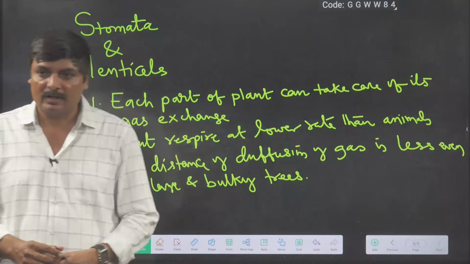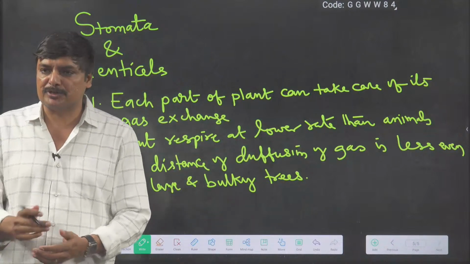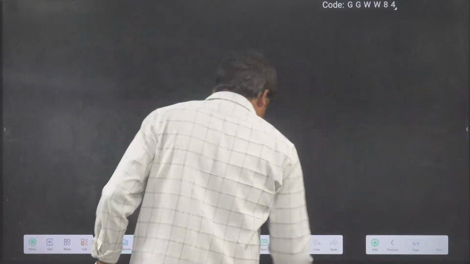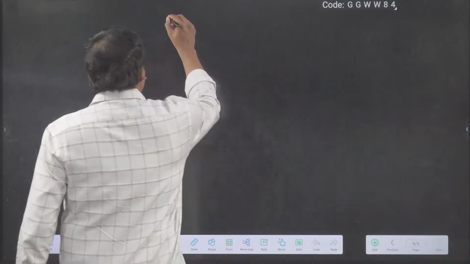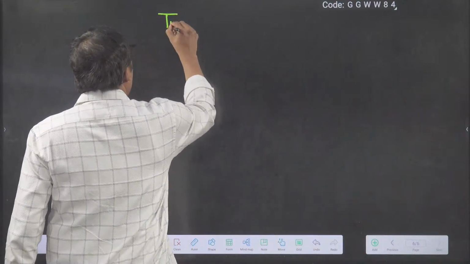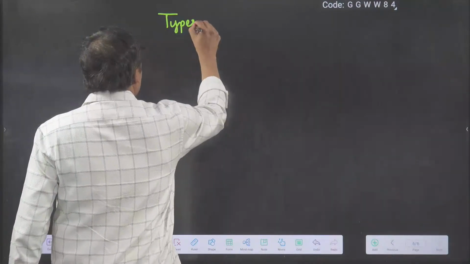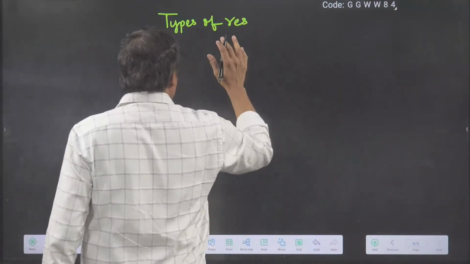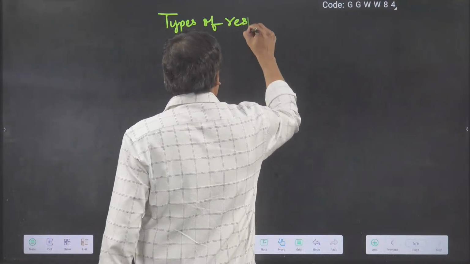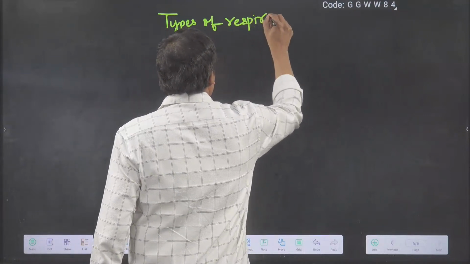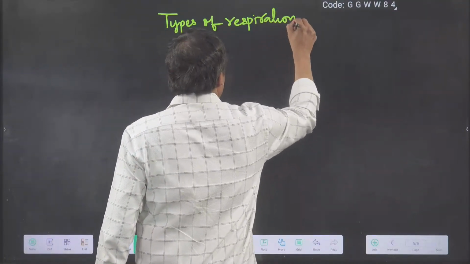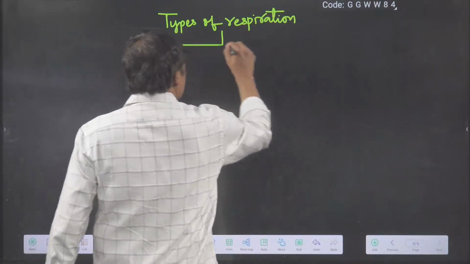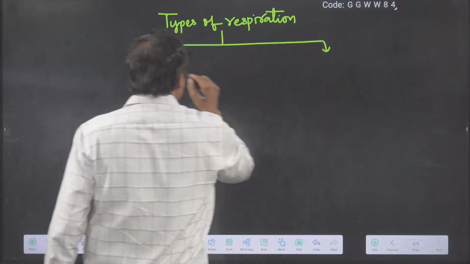Next, types of respiration. Based on the presence or absence of oxygen, respirations are divided into two types.